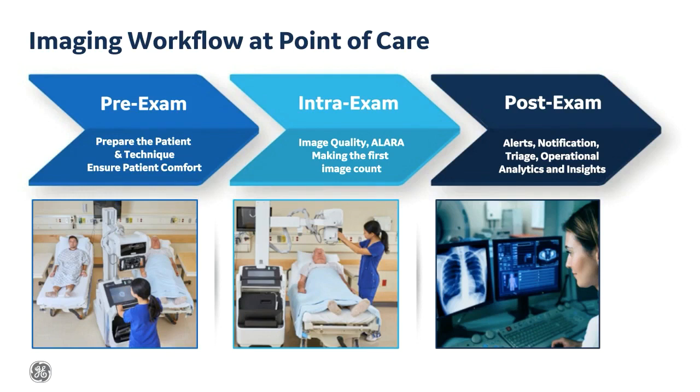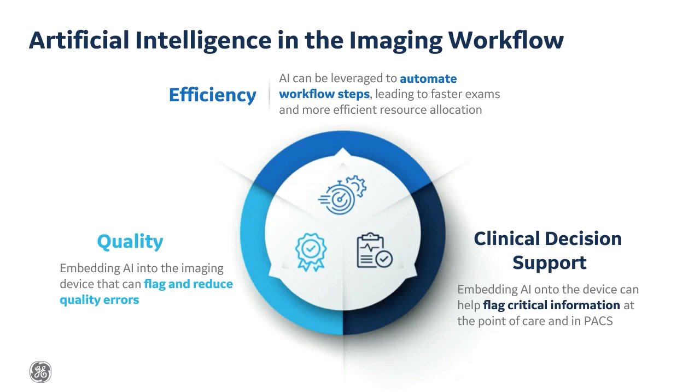So AI has made great progression. We are observing AI contributing in 3 pillars: efficiency, quality, and clinical decision support. Speaking of efficiency, AI is automating different workflow steps in order to make the entire process more seamless and faster.